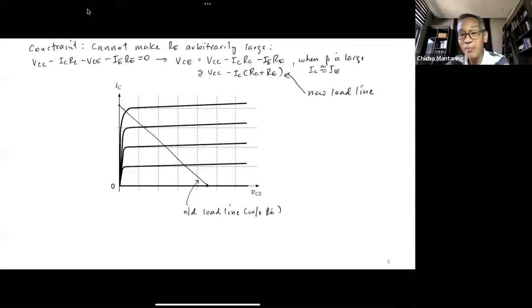Tinatamad ba kayong mag-isip? Okay, my new load line is going to be flatter. So my new load line is going to look something like this. So this is my new load line.